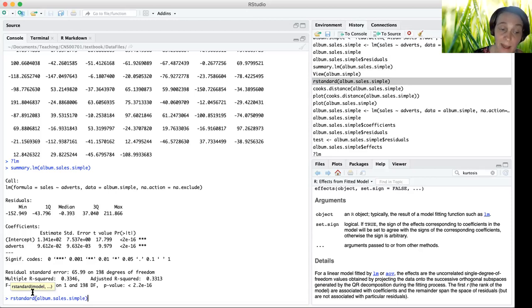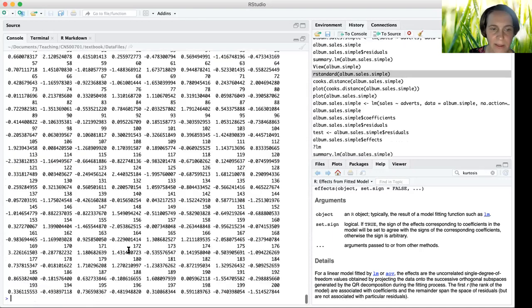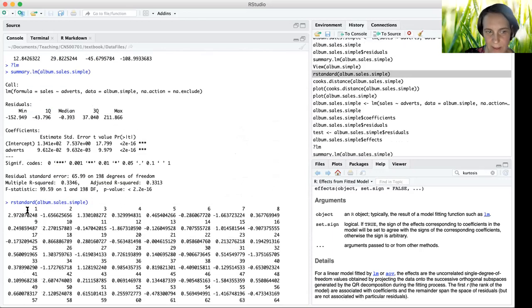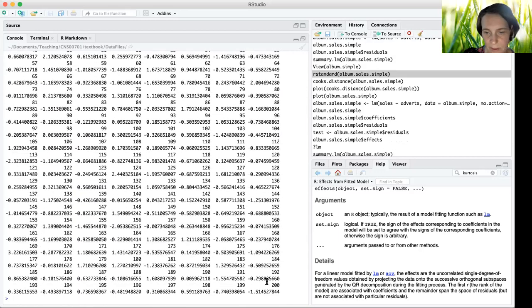That is the function rstandard. So that's your internally studentized residual. If you do that, you get one value for each data point, so for each of your 200 data points.